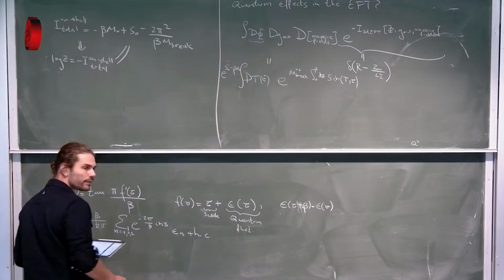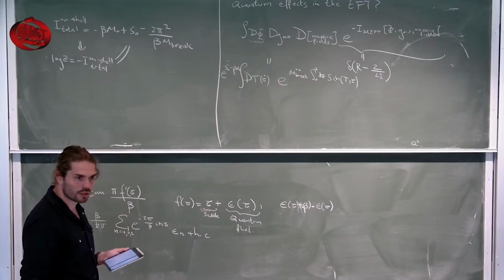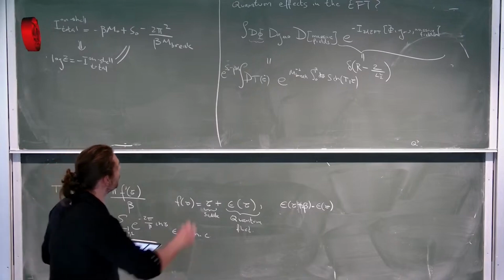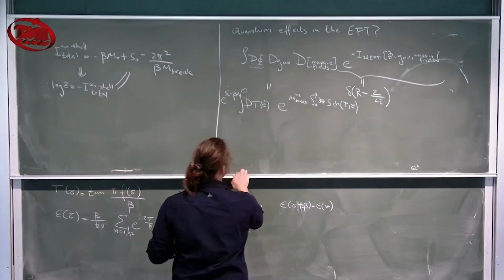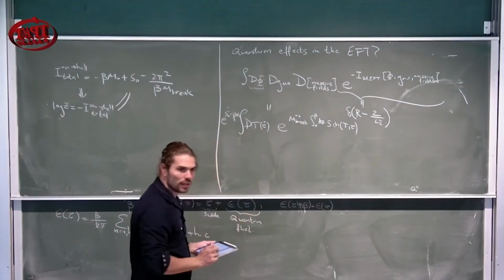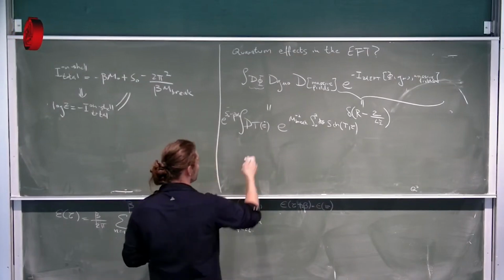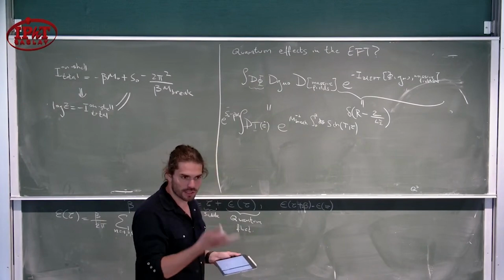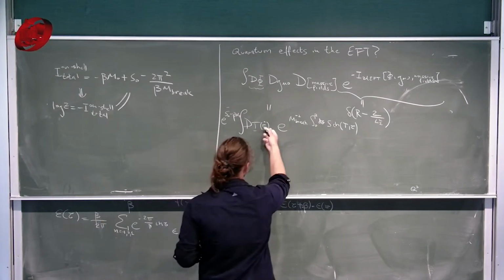So does that mean that there should be some volume of SL(2,R) somewhere, just to divide by the volume of the gauge group? Here, maybe I should tell you what the integration space is. The space T of tau is the space of curves that parameterize a circle. So it's the space of functions.